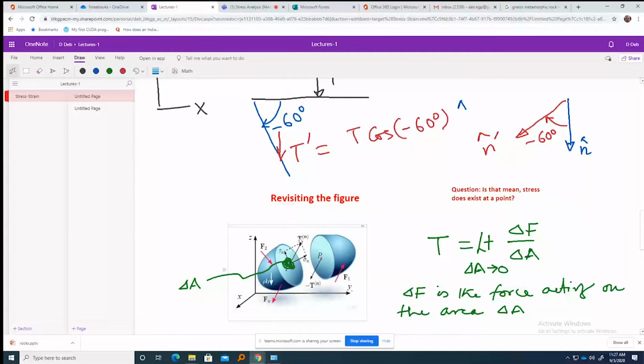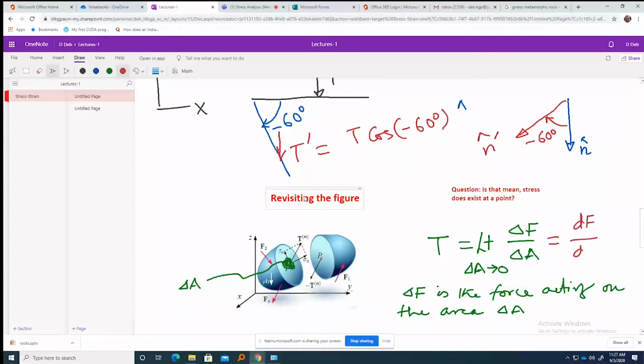Now, if I like to see a very small area, which is delta A, and if delta A tends to 0, then the actual or classical definition of traction becomes the limit delta A tends to 0 of del F by del A. In some form we also write this as dF by dA.